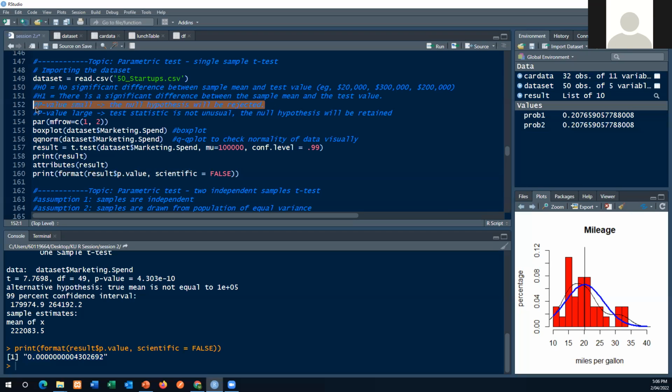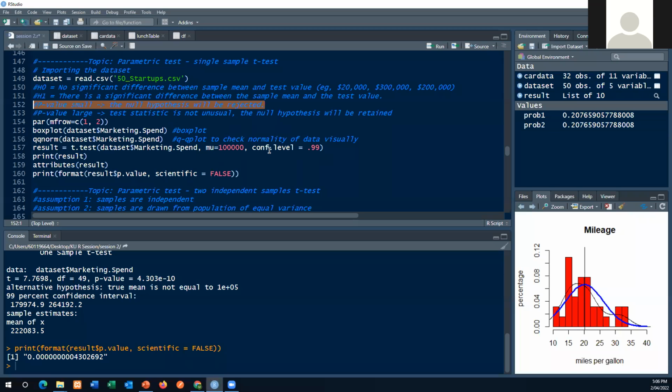That means there is a significant difference, because our null hypothesis says there is no difference between the assumed mean that we are thinking and the real mean. But in this case, we are rejecting the null because our p-value is very small. And in fact, this is not true, because we have seen our population mean is actually 222K, but we assumed 100K for the sake of checking whether the hypothesis testing is working.